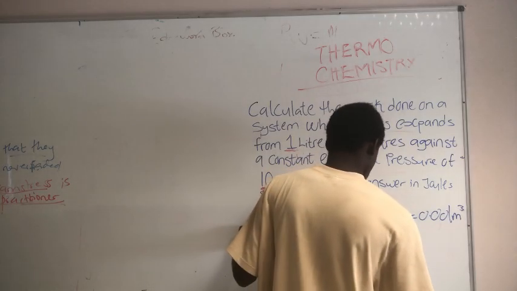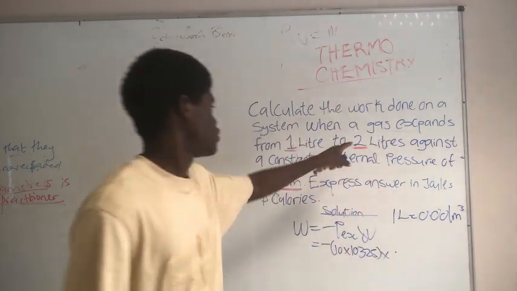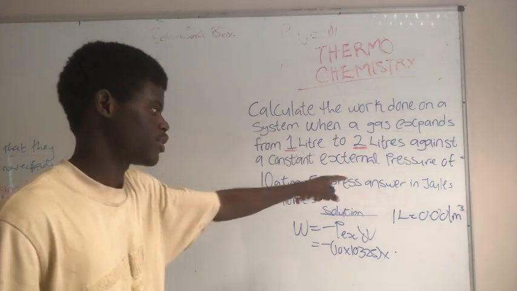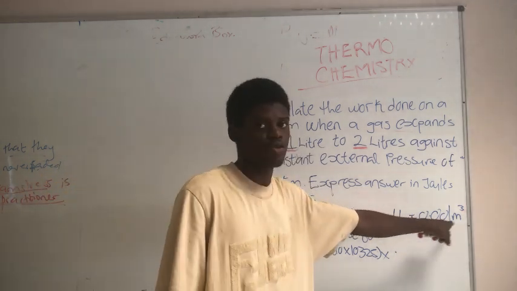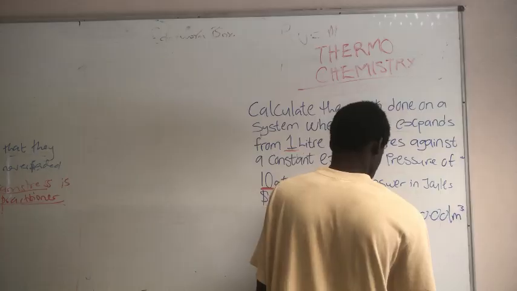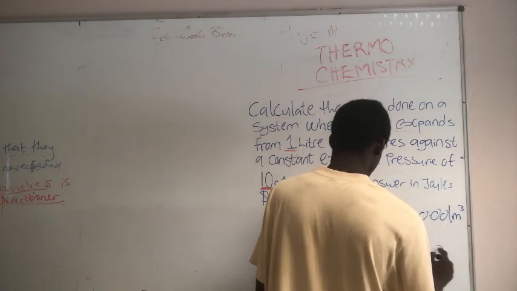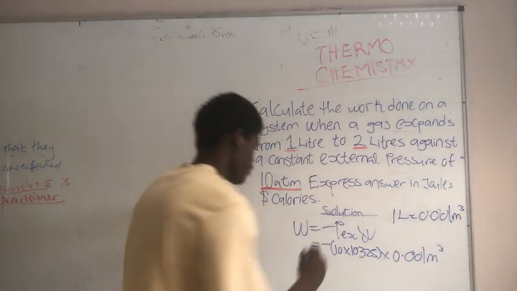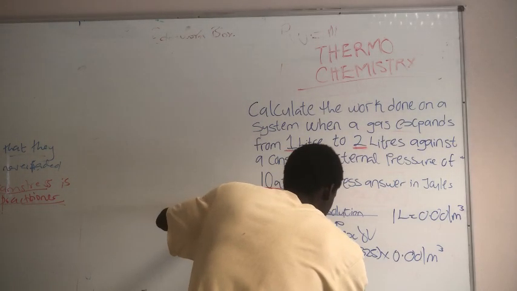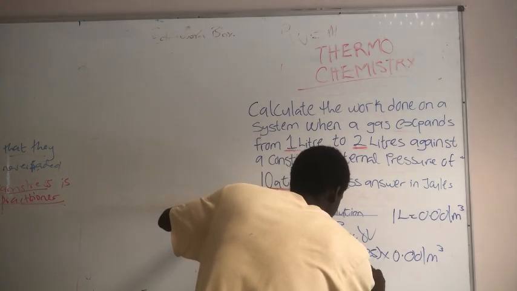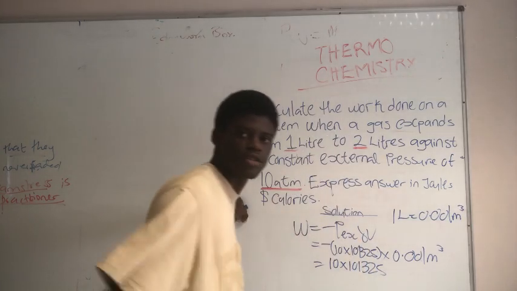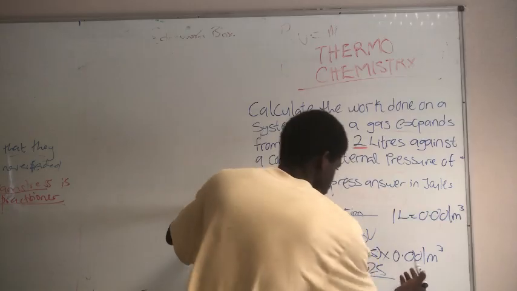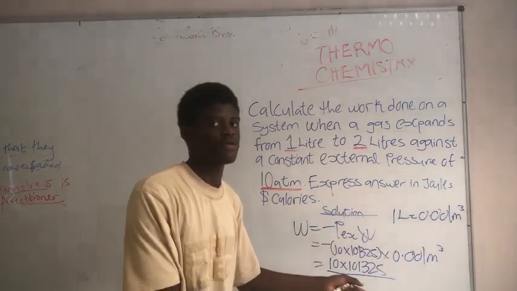The change in volume is V2 minus V1, that's 2 minus 1, that's 1 liter. So 1 liter is 0.001 meter cube. So when we do this, we get 10 times 101325 times 0.001, which is just like 10 divided by 1000.